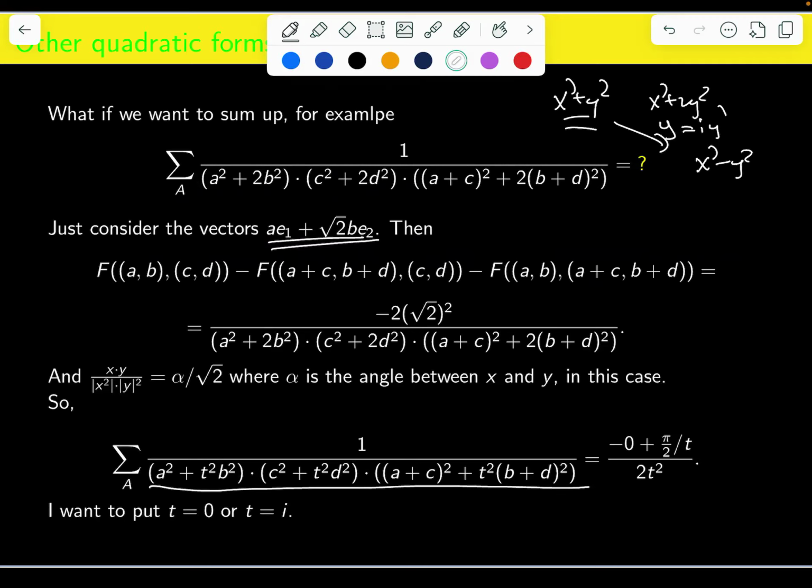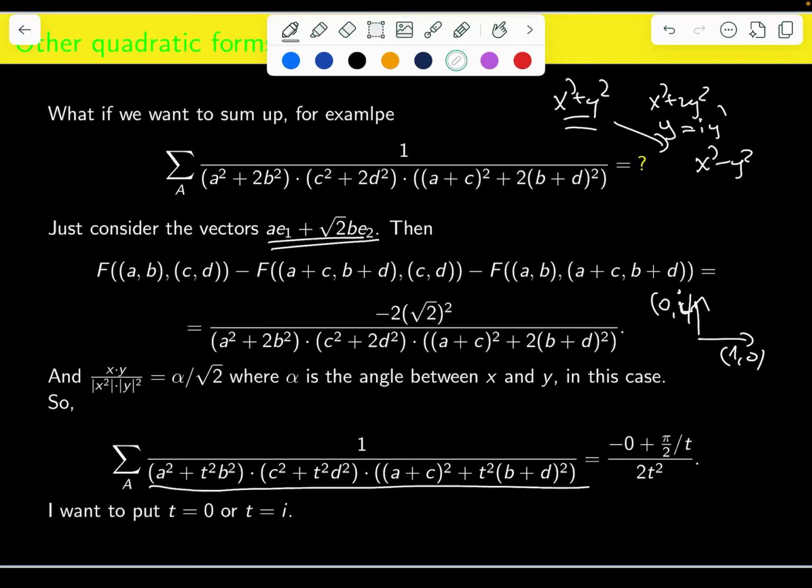So in a sense, instead of looking for the angle between 1, 0 and 0, 1, so what is the angle? Angle is some arctan of something. Now you look for the angle between 1, 0 and 0, i. And still you can use the same arctan, but now it's like the complex argument.